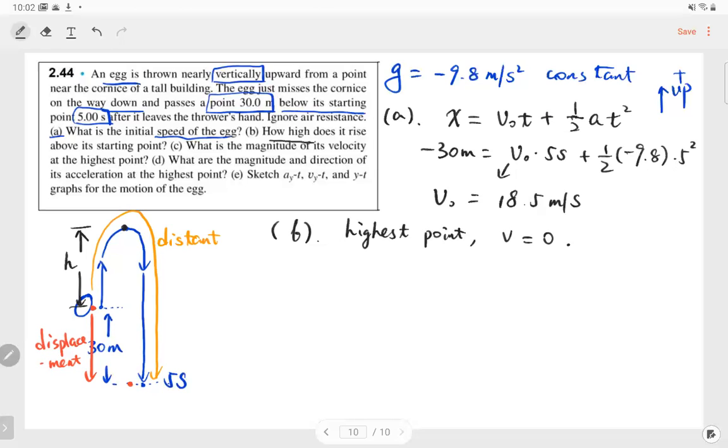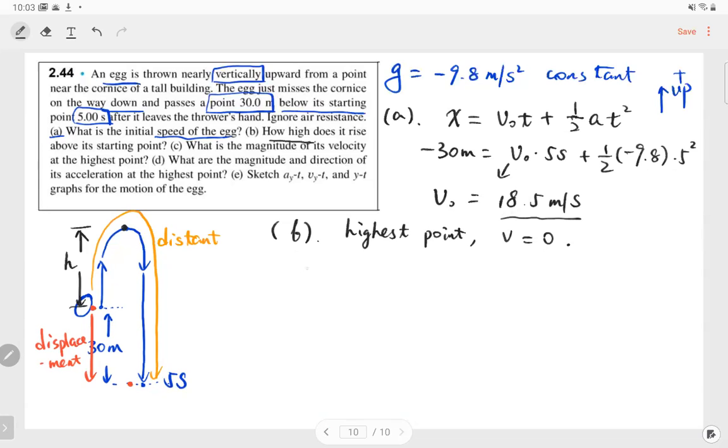Okay, so we have final velocity, initial velocity, and acceleration. To solve for the height as a displacement, we're looking for an equation without time.